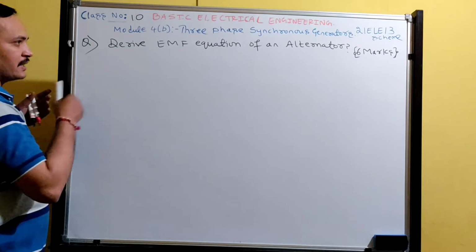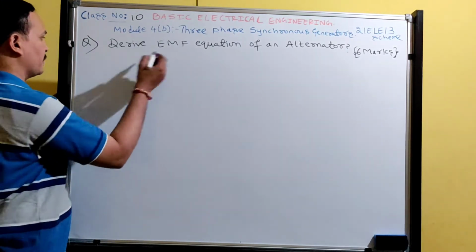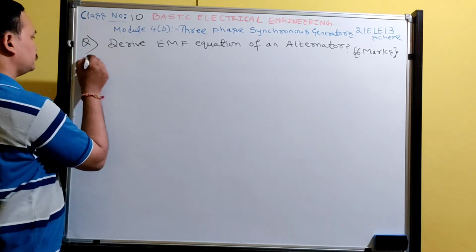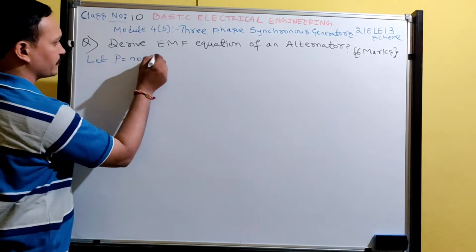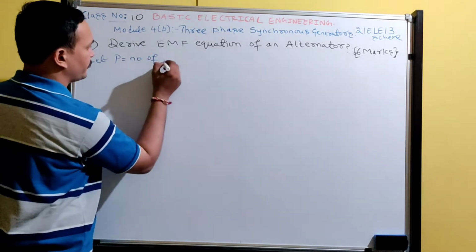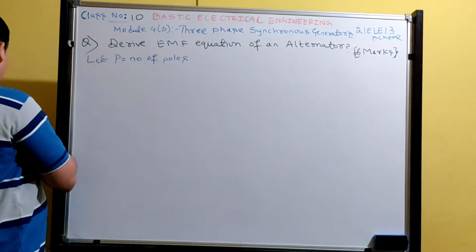So before starting the derivation, you have to list down some notations. Let capital P be the number of poles. Capital P is nothing but the number of poles.